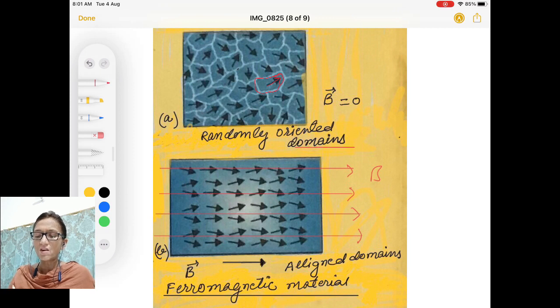These volumes are called domains. So in ferromagnetic materials, instead of ferromagnetic atoms, you have large size domains.